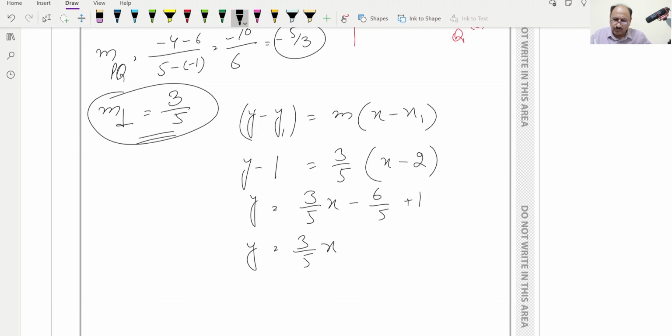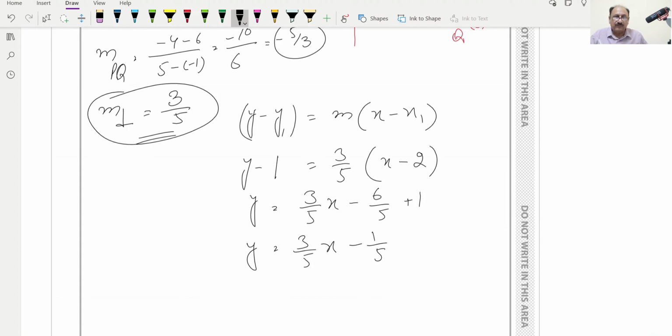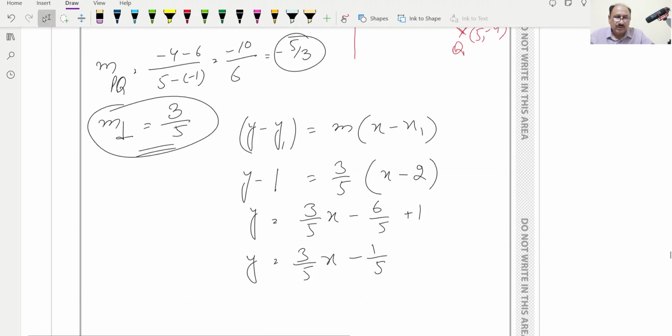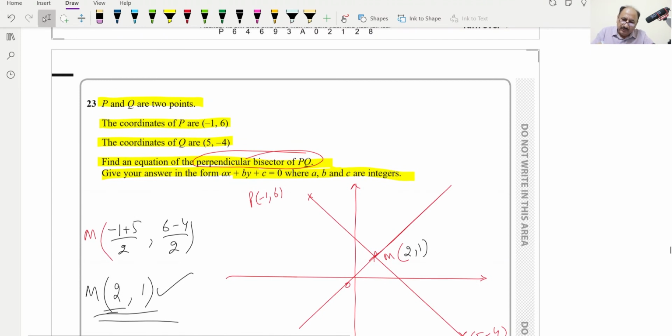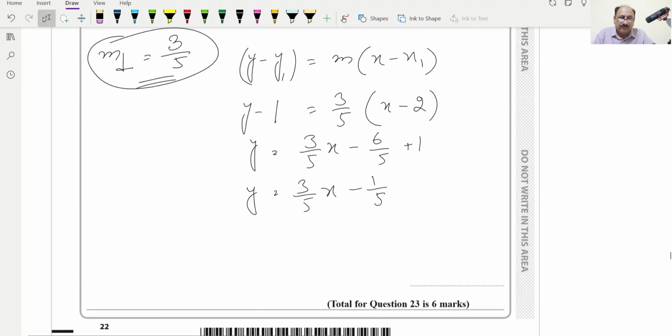Basically this should be plus 1, because minus 1 is on this side, so it should be plus 1, so minus 6 over 5 plus 1 is equal to minus 1 over 5. Now this is basically the equation. They are saying y is equal to this one, but we have to provide the format ax plus by plus c is equal to 0. Now to change the format, we will be shifting everything to one side.